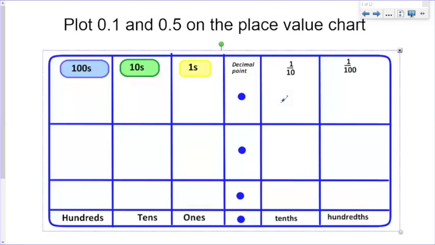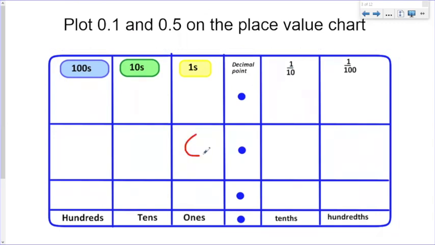Let's just check our understanding of what we've just looked at. So we looked at 0.1 and 0.5 as decimals and fractions. Let's just put them on the place value chart so we understand. So here's our tenths column. 0.1 will be here.